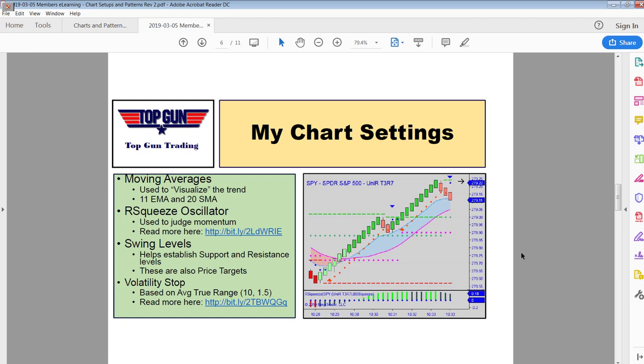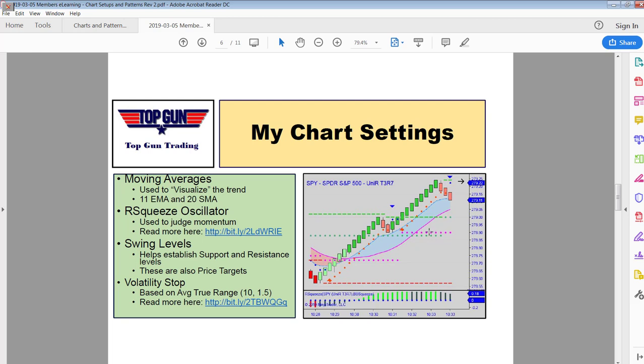And if I took the spiders from the other day and put the 9 volume weighted moving average against the T3R7 settings, we would have dipped below that and probably stopped us out. In fact, in this case, the vol stop stopped us out at 1031 or so, although the moving average did, or at least the dominated vol stop would have taken you out if you had used it.